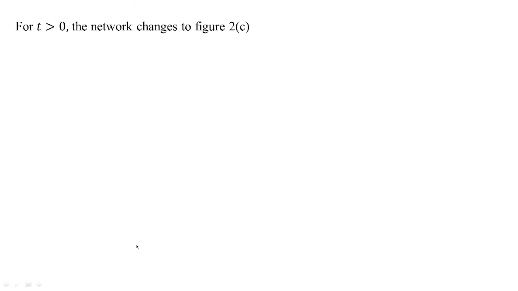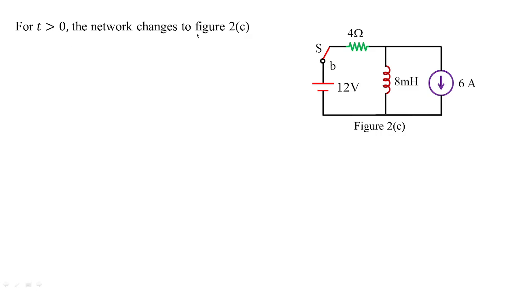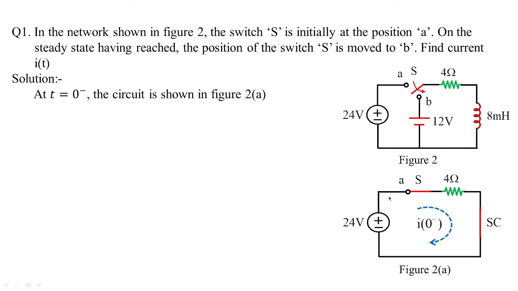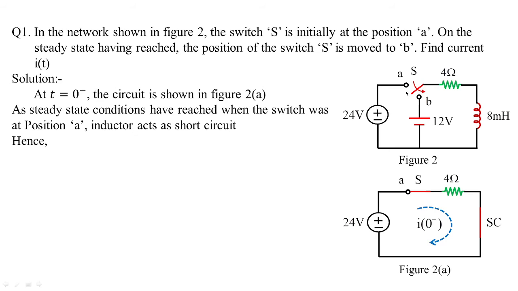Now with these conditions, let us go with the actual circuit for t greater than 0. So the network changes to figure 2c. Now you see, we have 24 volts and the position of the switches change from A to B. So when the position of the switches change from A to B, inductor already got charged.